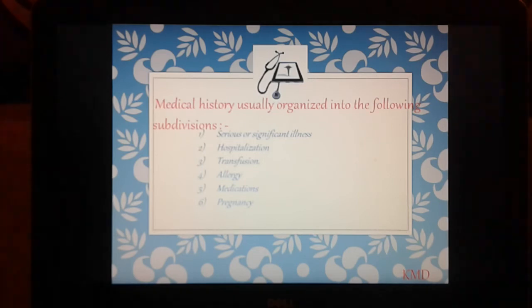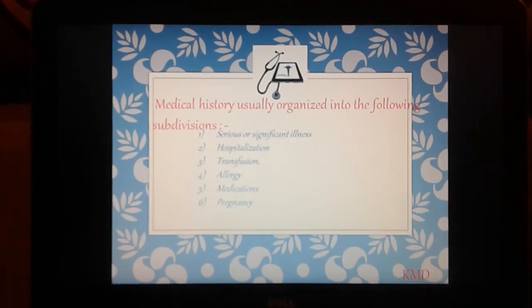The fifth point being the medications, again, which is a very essential component of a medical history, it is a record of all the medication a patient is taking. It is important because the identification of medications helps in the recognition of drug-induced disease and oral disorders associated with different medications.